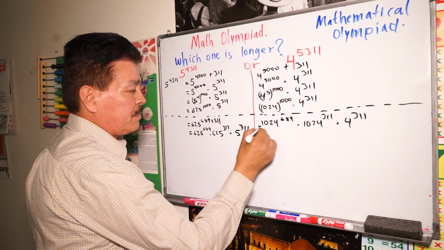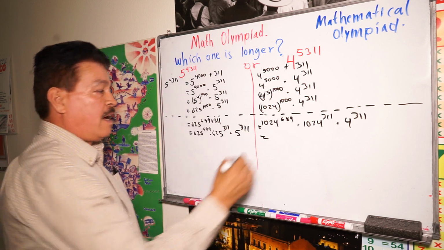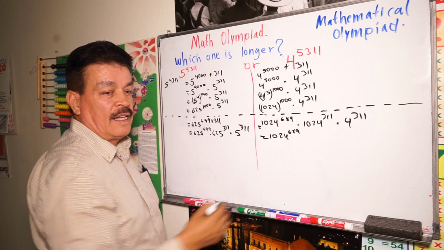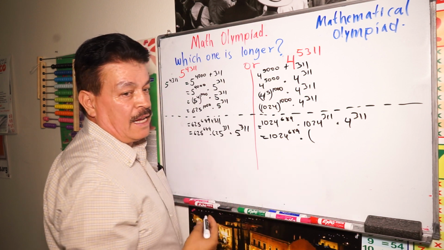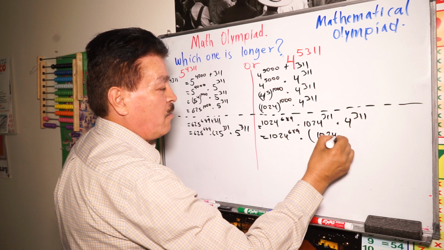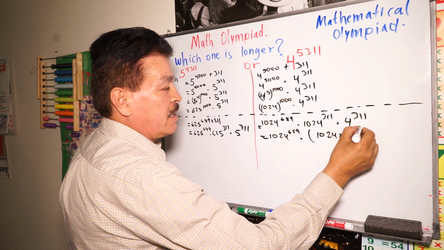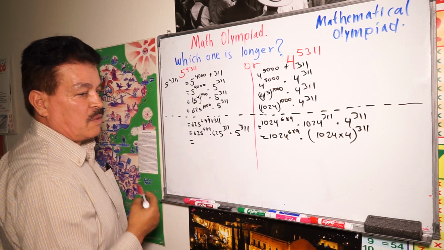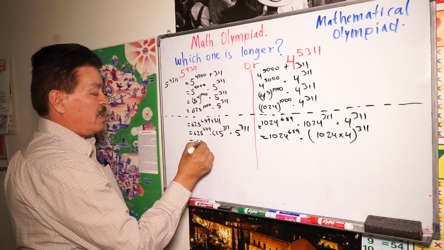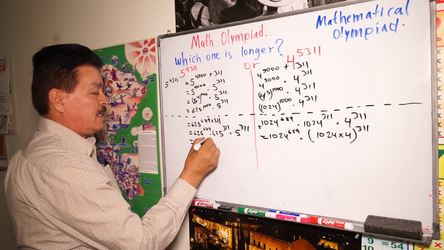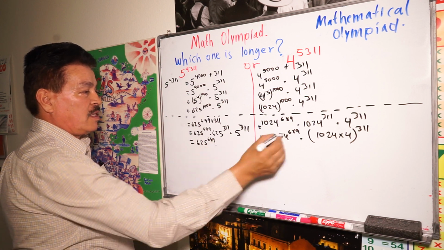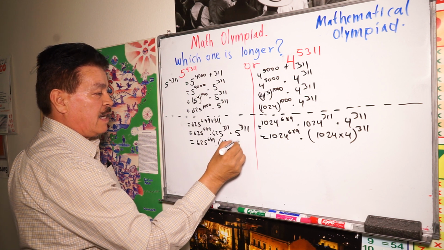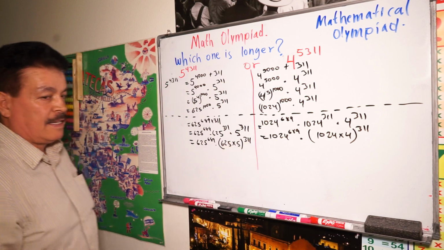Here we are going to have 1024 to the 689 times 1024 times 4 to the 311. It is the same here. Equals 625 to the 689 power, and do the same thing over there, 625 times 5 to the 311, right?